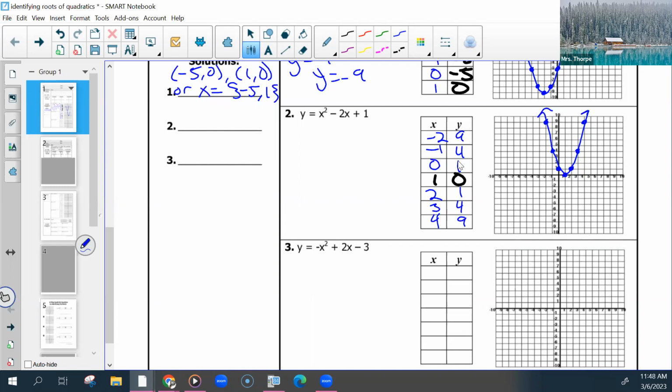How many solutions does that one have? One. It only touches it once. Where? Or what is that solution? Where does this touch the x-axis?